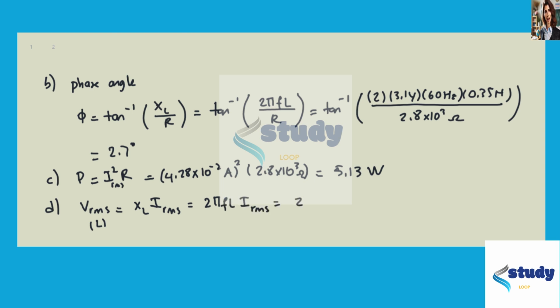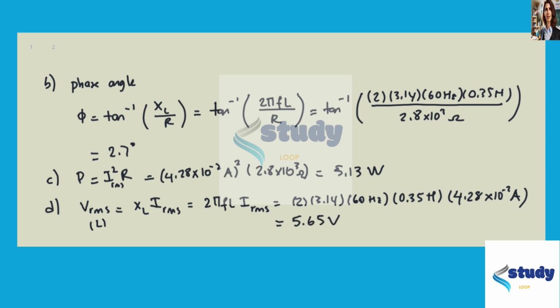So 2 times 3.14 times 60 hertz times 0.35 henries times 4.28 times 10 to the power of negative 2 amps. We have the RMS potential across the inductor as 5.65 volts.